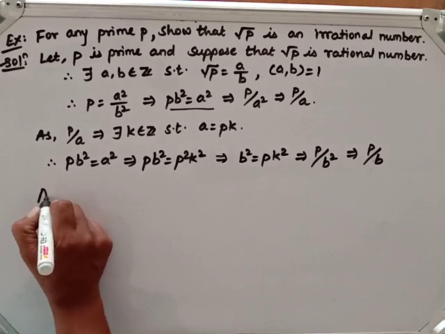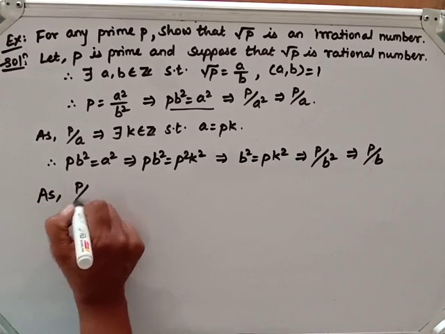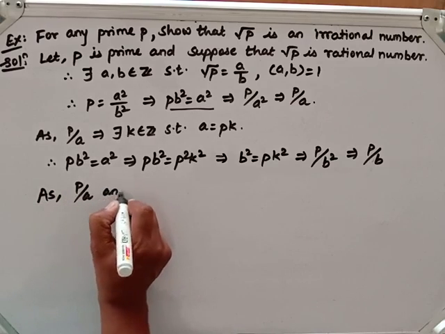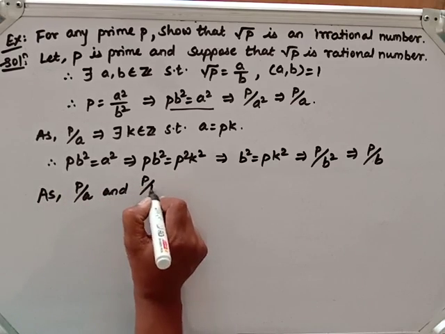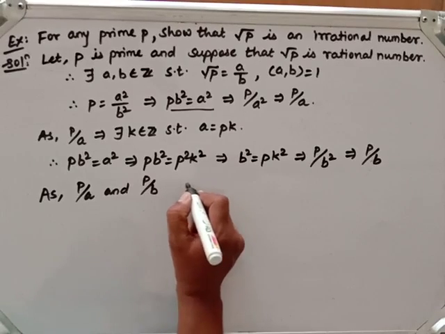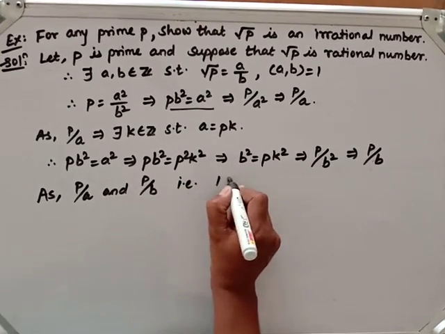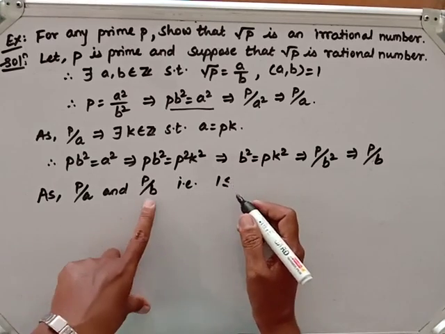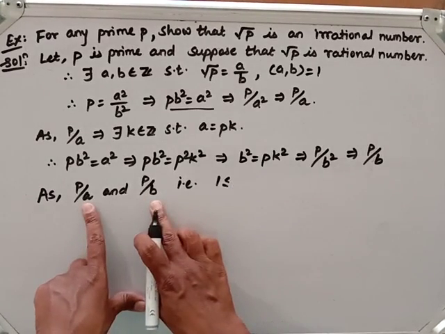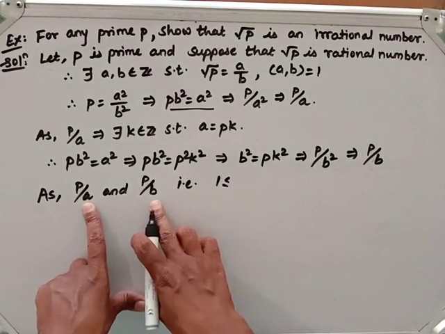Here, as P divides A and P divides B, P is a common factor of A and B, and obviously P is greater than 1.